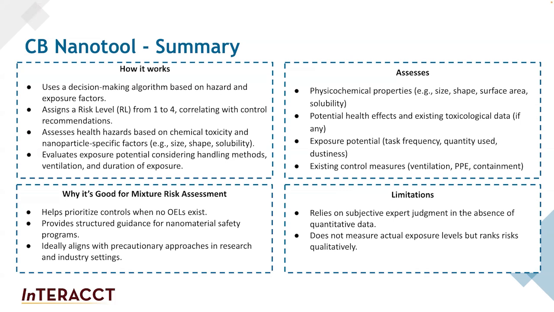Especially, it's useful for mixture risk assessment because it helps prioritize controls when occupational exposure limits are not available, provides structured guidance for nanomaterial safety programs, and supports precautionary approaches in both research and industry. However, as we discussed, it does have limitations. It relies on expert judgment when quantitative data is not available, and it does not measure actual exposure levels.